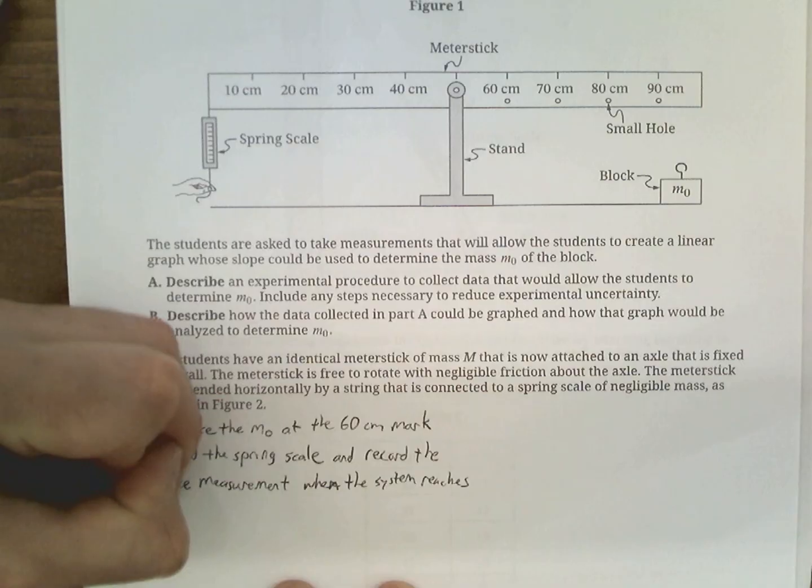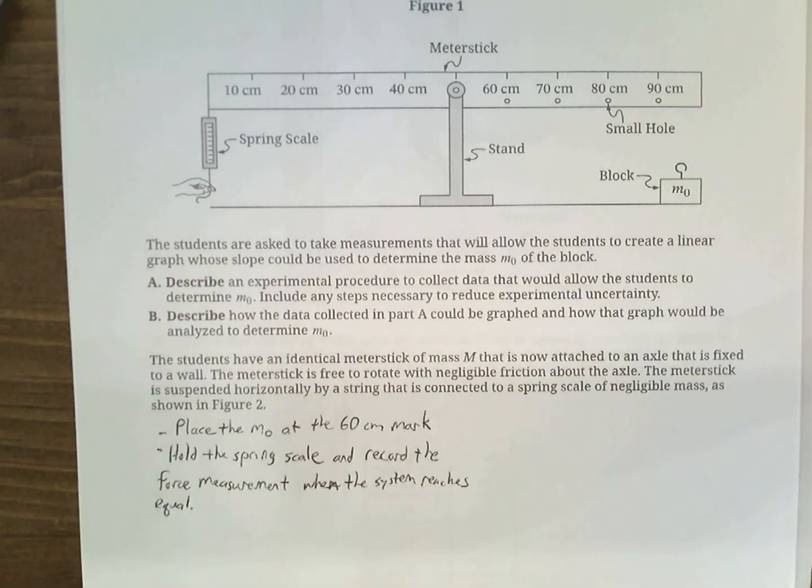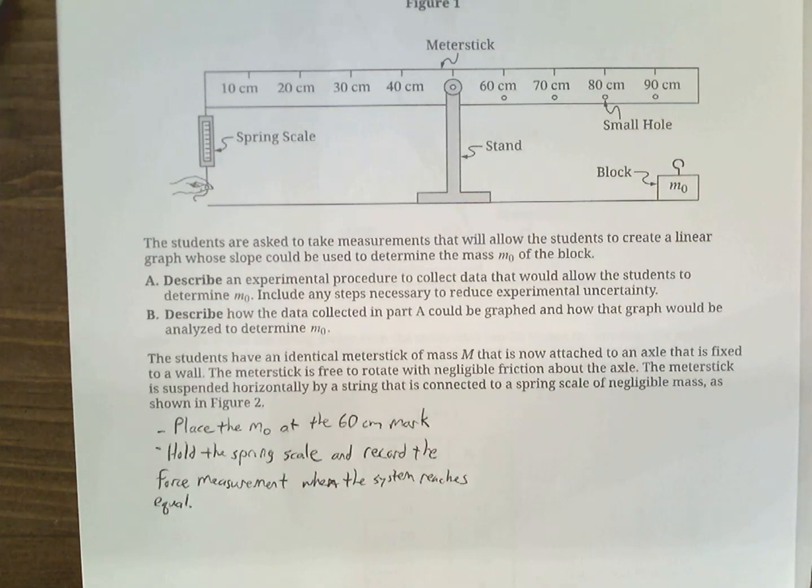So we're going to put the mass on at that slot. We're going to let the spring scale stretch out to keep the system balanced. And then we're going to record the force on the spring scale that makes that so.